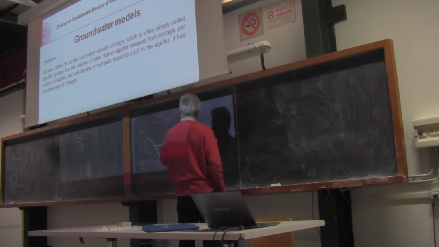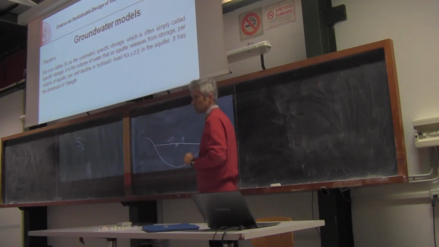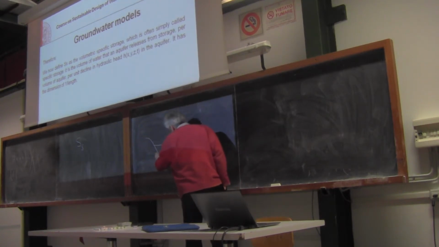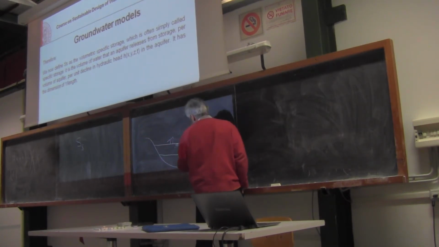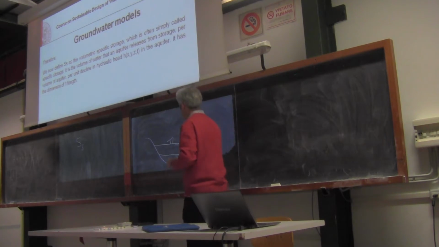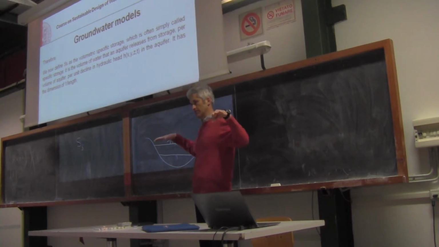You have houses here, you have people. The scale, of course, is not correct. And you have in the underground a water table. Usually I indicate with this kind of sign, a kind of S, the water surface.